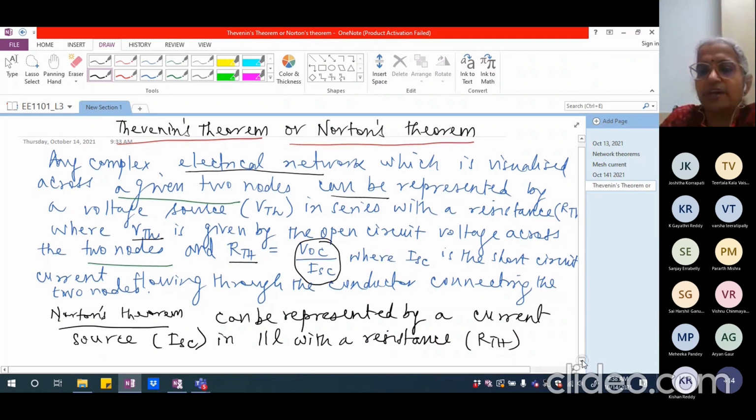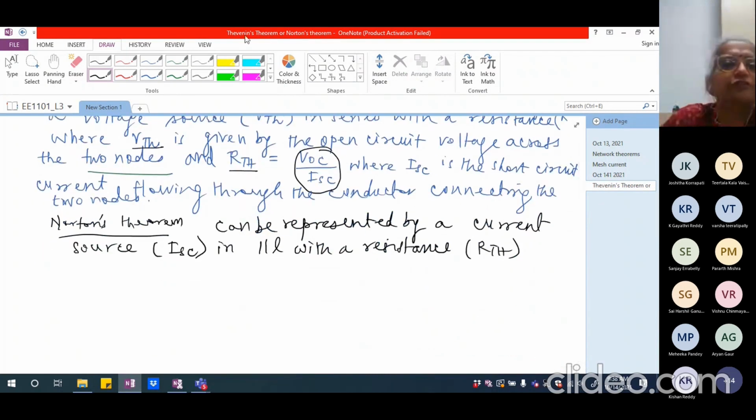So let me try to demonstrate this by an example, first of all. Let me take one circuit and then try to reduce it in terms of Thevenin's equivalent.